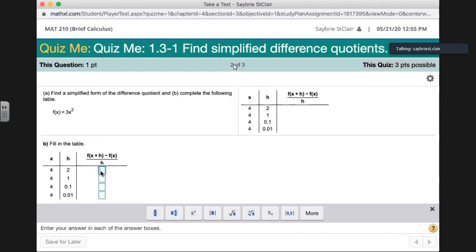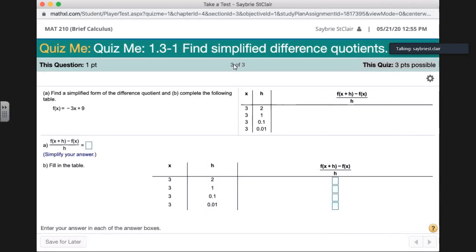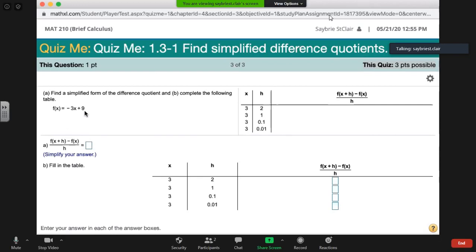The foiling, the factoring, the evaluating, plugging in. Well, all this math you're able to do.